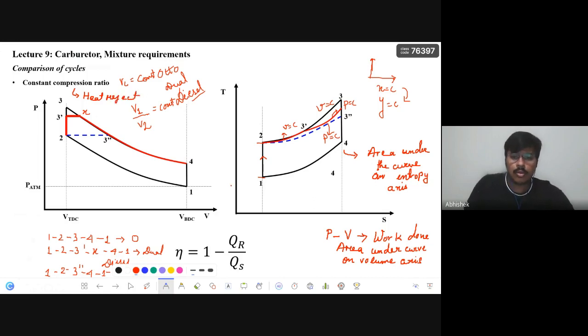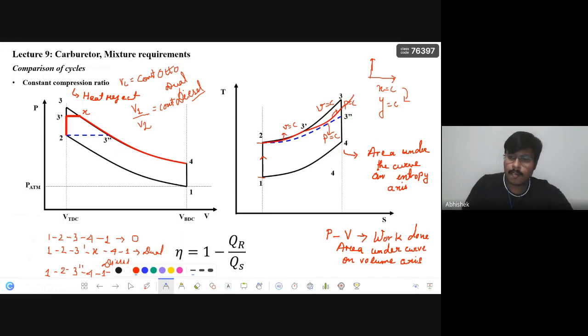In which process is the heat addition taking place, from 2 to 3, or from 2 to 3 dash or 3 double dash, correct?